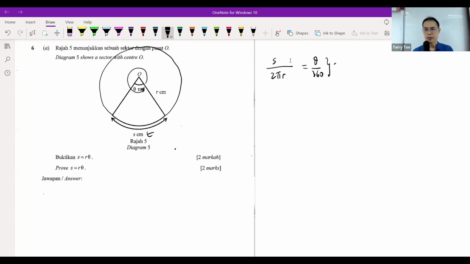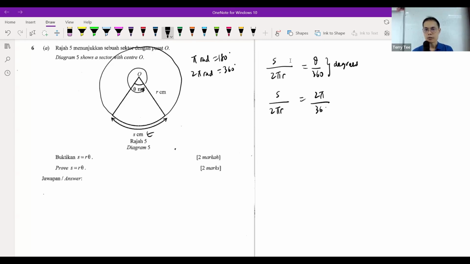However, this is in degrees, right? So when you use radians, we know pi radian is 180, so 360 should be 2 pi radian. So we replace 360 with 2 pi.